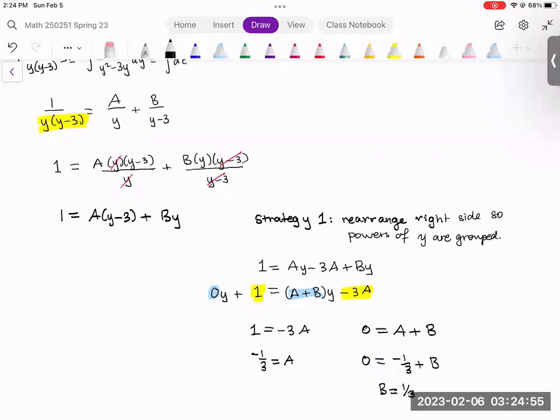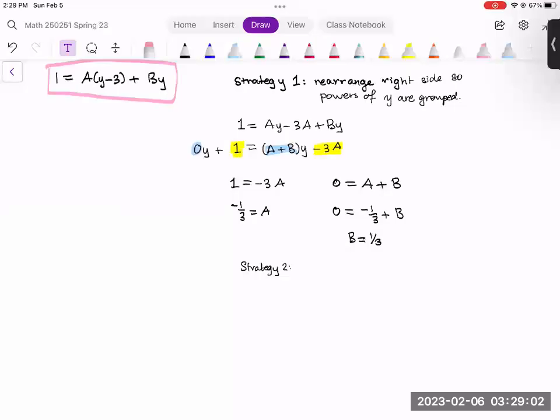Next, we're going to solve the same problem, finding a and b that make this true. But this time we are going to try evaluating our expression at different values of y. In our second strategy, what we're going to do is think of these as functions that are equal to each other. And we're going to evaluate both sides at convenient y values.